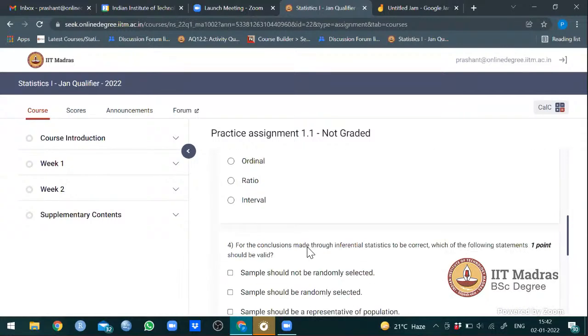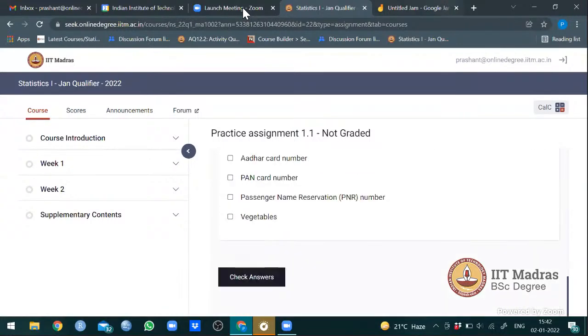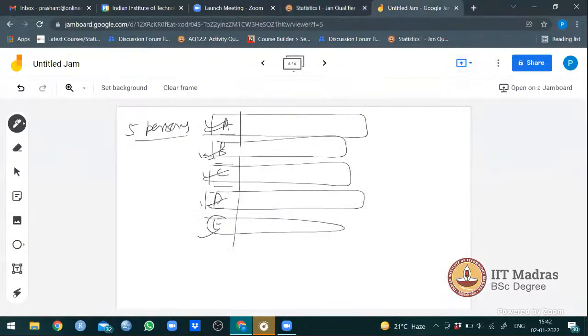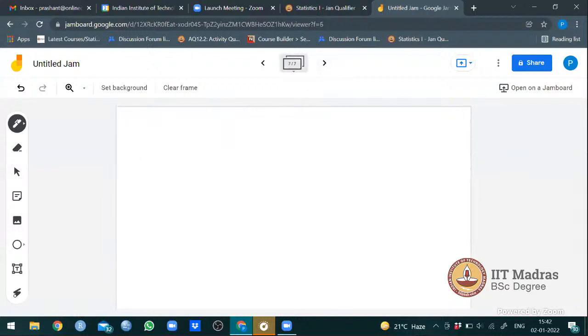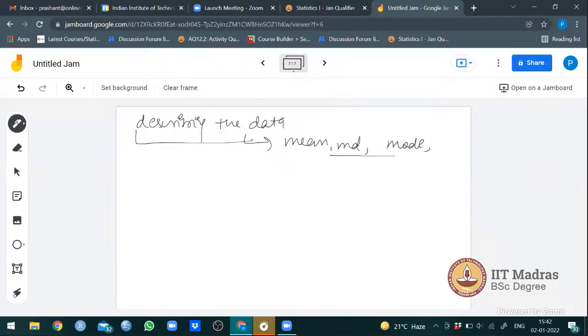Yes. See, you are saying maximum view, okay? What is the meaning of descriptive? It means describing the data. Describing the data means you sum up the main points of the data. For example, I can calculate the mean, median, mode of some data.